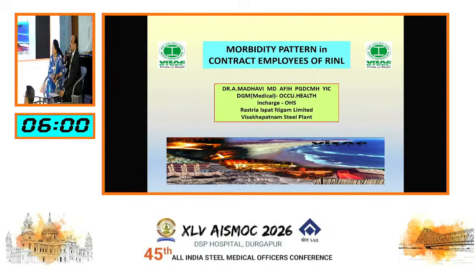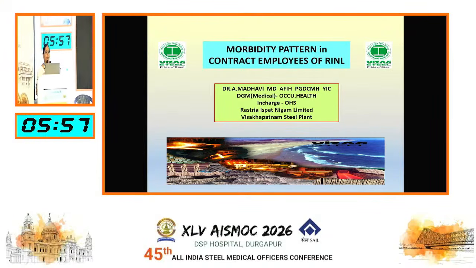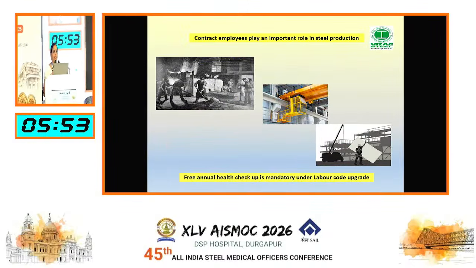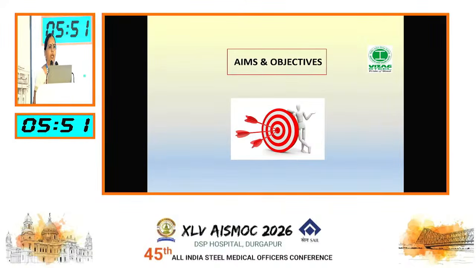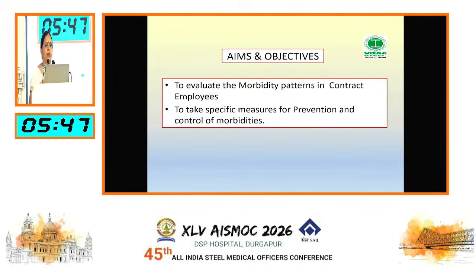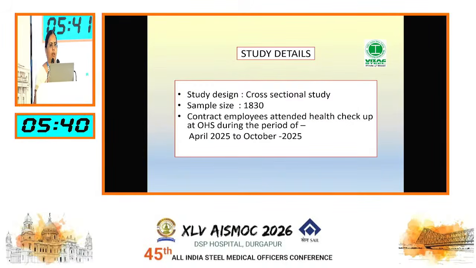Good evening, everyone. My topic is morbidity pattern in contract employees of RINL. Contract employees play an important role in steel production. Aims and objectives: to evaluate the morbidity pattern in contract employees, and to take specific measures for prevention and control of morbidity. Study design is a cross-sectional study.